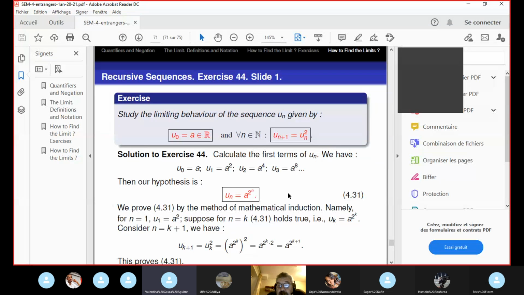I think the power of a is the multiples of 2. So it will always be 1, even if a is minus 1.